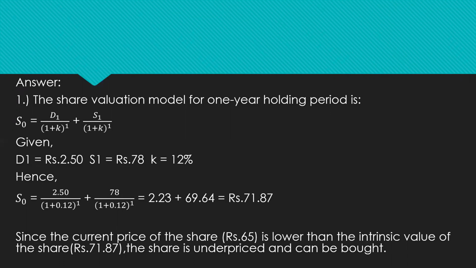The 71.87 is the intrinsic value. The current price is the market price of the security. So the market price is currently lower than the intrinsic value. So in future, this price is going to rise up to around rupees 71. Right now it is available at an underpriced value, for 65. So it's best to buy that security.